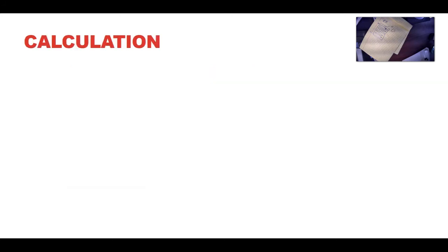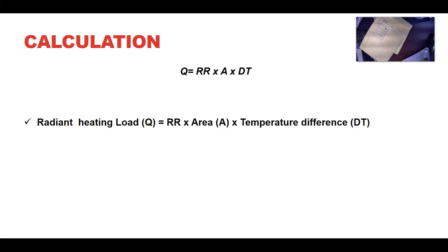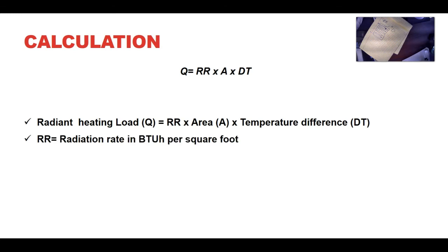Okay, calculation. This is the equation that I provided before, which is radiation rate times area times delta T. The radiation rate is provided by the manufacturer, and they will also give you the spacings and the specification for this installation.